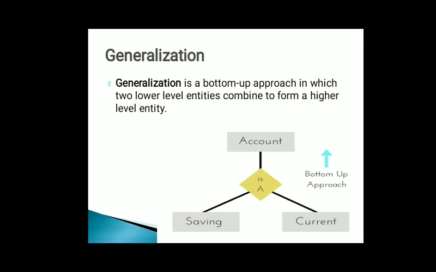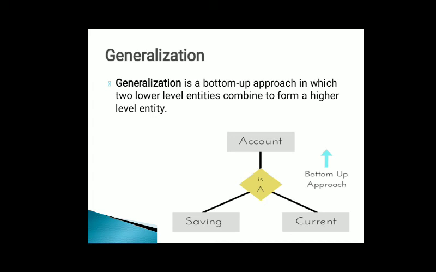In other words, subclasses are combined to form a superclass, right? Got it all of you? Shown in the figure. For example, saving and current account type entities can be generalized and an entity with the name account can be created, which covers both, right? Means account contains the saving type or the current type. So the saving type entity and the current type entity form one entity that is known as the account, right?